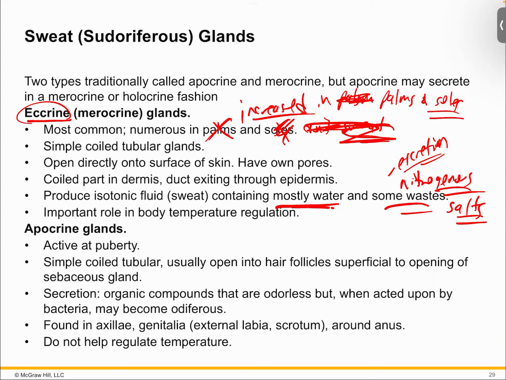So the other big thing is not just waste, but also temperature regulation, right? So that's a big piece of it. And we'll talk a little bit about that later on, physiologically speaking. You also have another type of sweat gland, which is the apocrines. Apocrines are not as common and not as ubiquitous. These basically will only turn on at puberty, and it's only in limited areas.